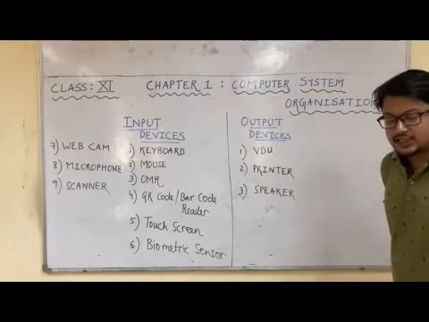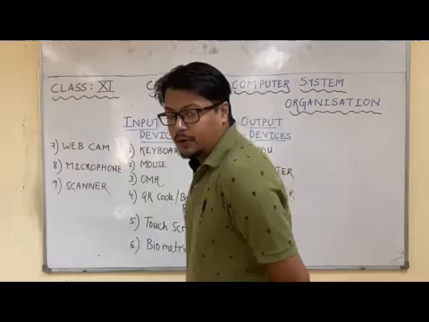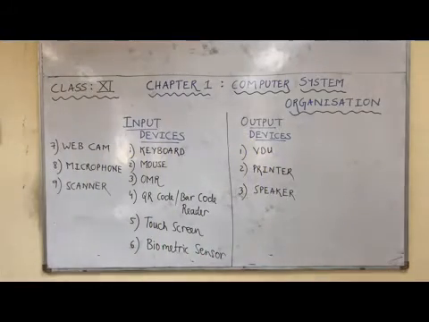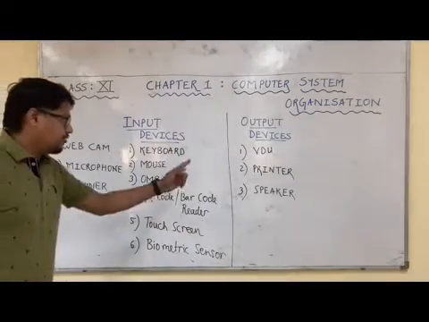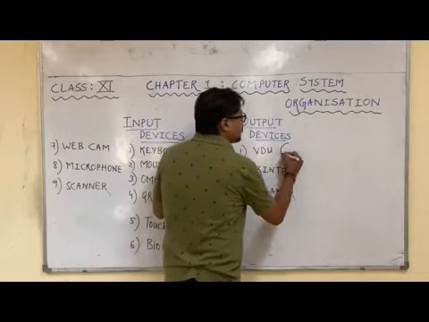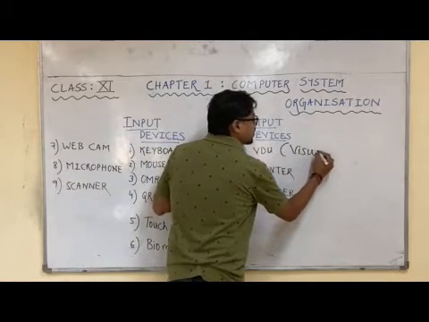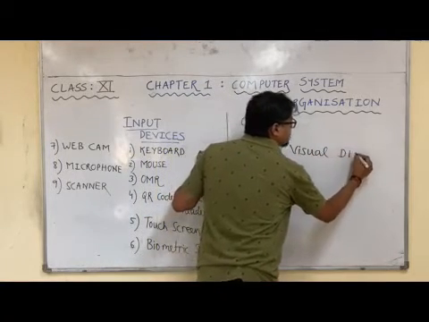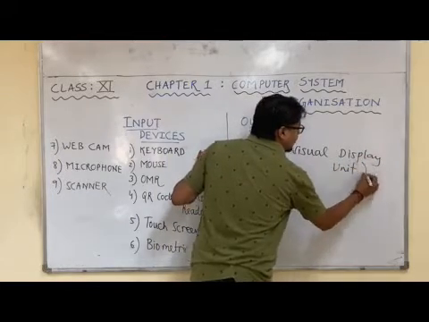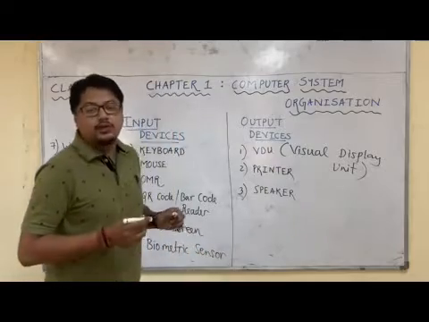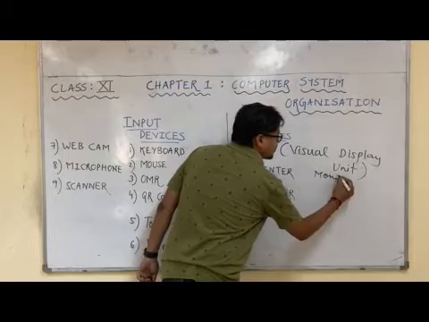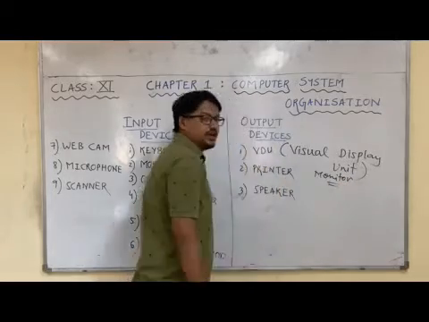Output devices, as I spoke, are devices through which the computer gives us the processed information back. Now you might be wondering about the first one, we have never heard about it. It is called VDU, visual display unit, and we also call video as monitor, or the screen we are actually using.